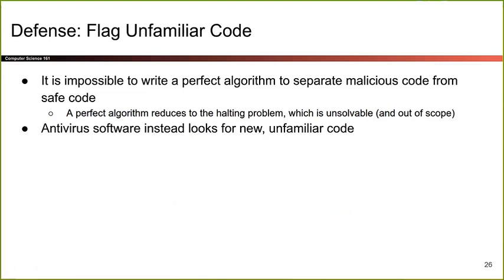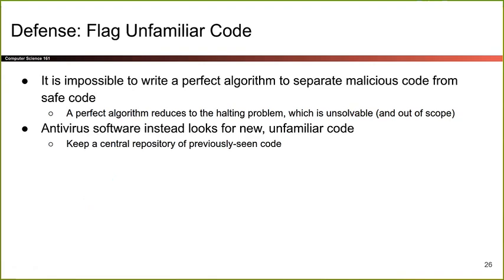But instead of trying to write an algorithm to see what's malicious and what's not, the antivirus software could do something a little bit different. And this is kind of like specification or anomaly-based detection. Instead, now they look for new unfamiliar code. So if it looks different, flag it. They keep a central repository of common previously seen code. So they're like, oh, this code comes from Google. They published it, so it's probably okay.